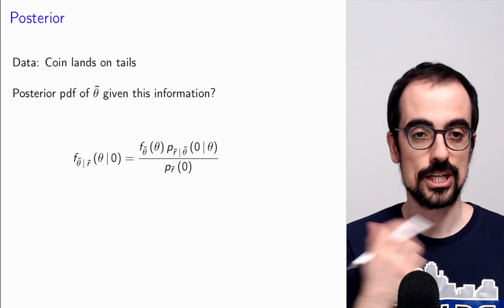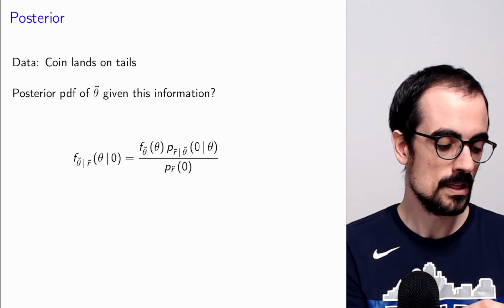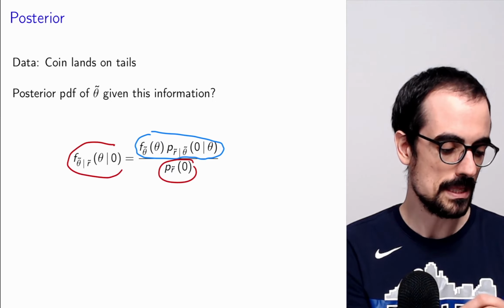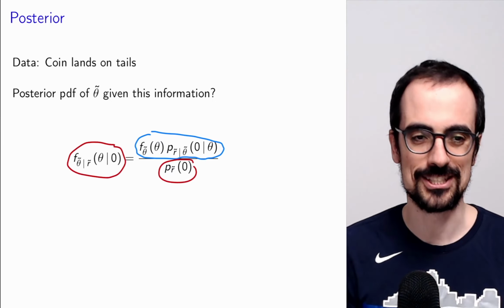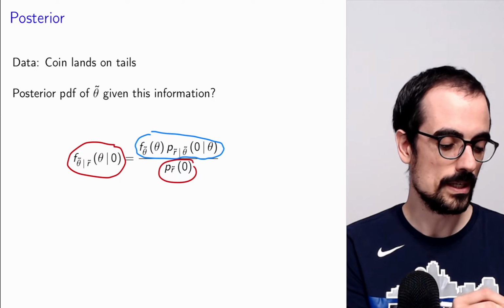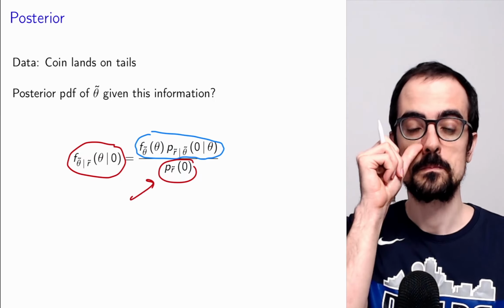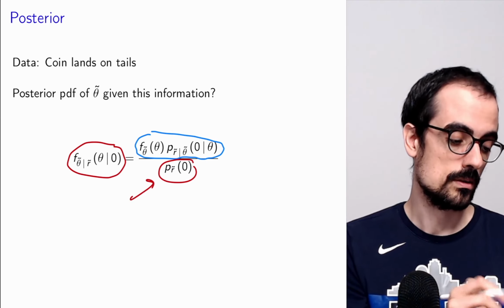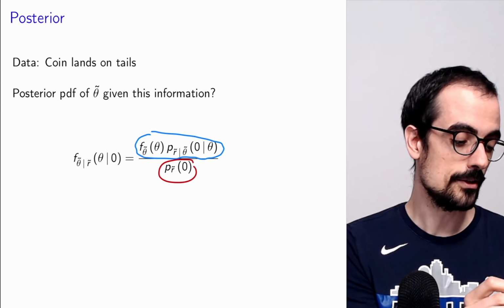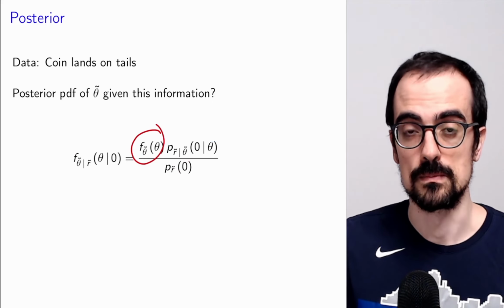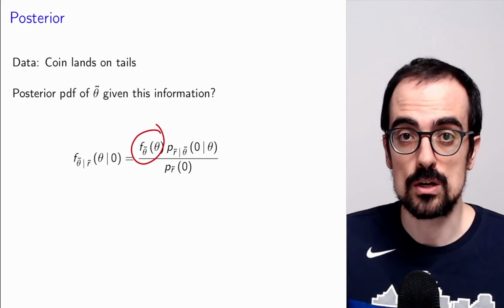Remember that by the chain rule for discrete and continuous random variables, if we take the marginal PDF times the conditional PMF, this is the same as multiplying the marginal PMF times the conditional PDF. I hope I said that in the right direction. Okay, so now we can move this guy to divide and we get this formula. So now we just need to plug in the different values. What is this guy? That's the prior, it's uniform. So if theta is between 0 and 1, that's just equal to 1.